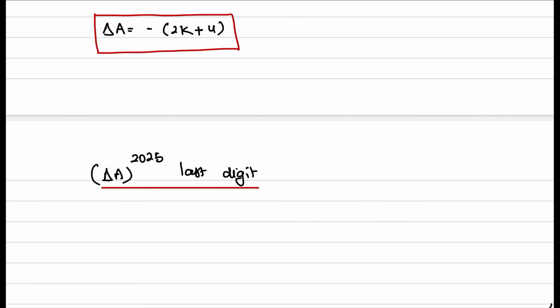Delta A is, sorry, we will use the black pen, minus 2k minus 4 to the power of 2025.